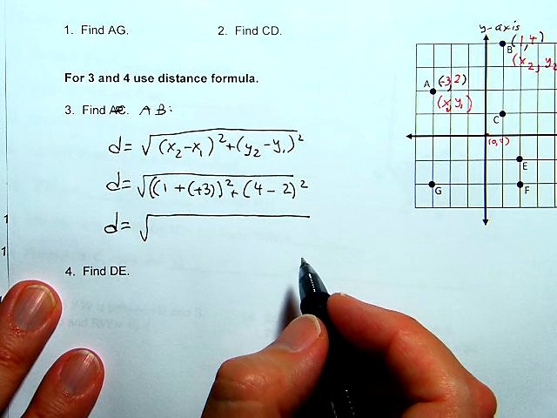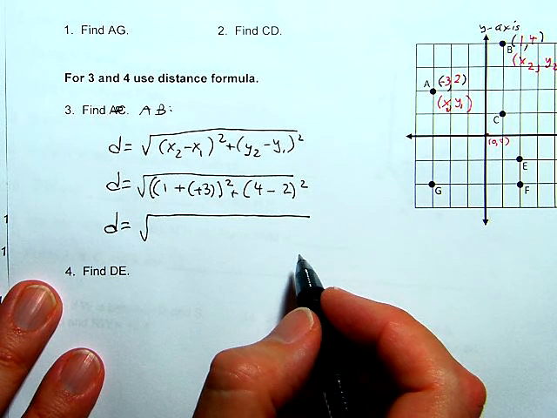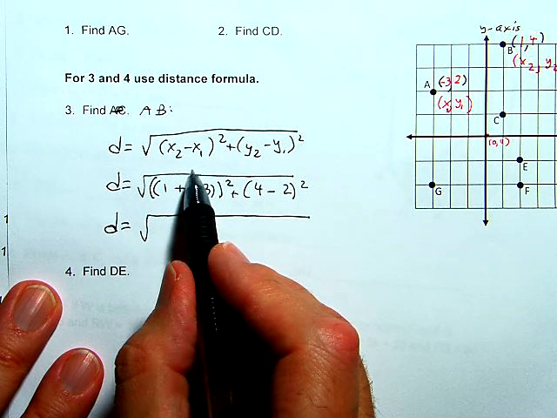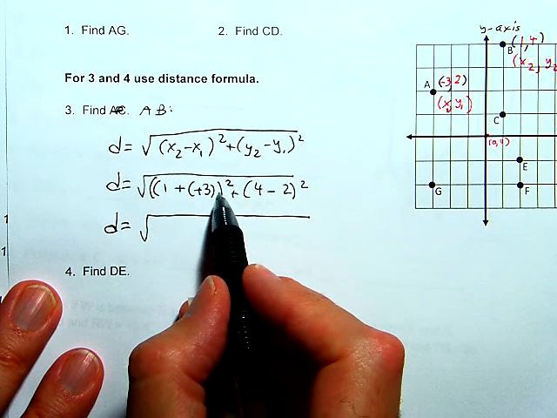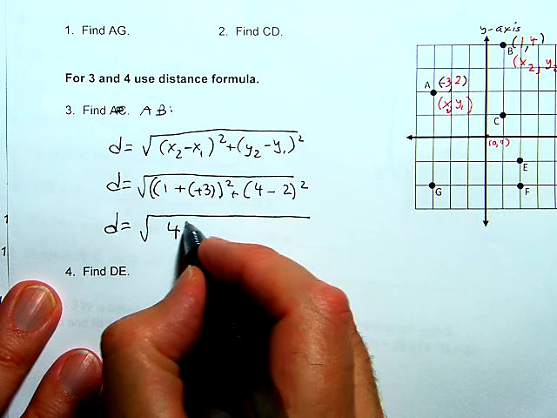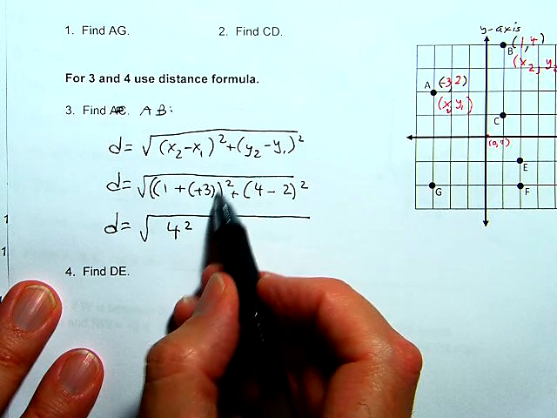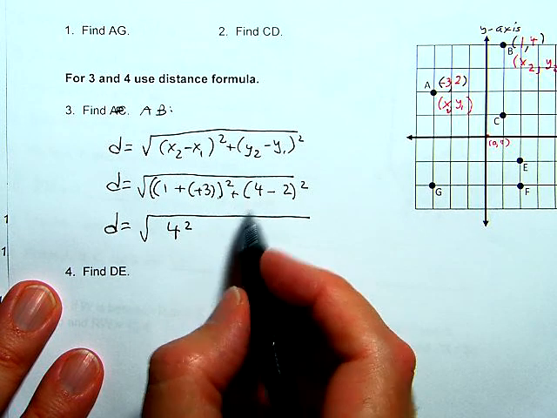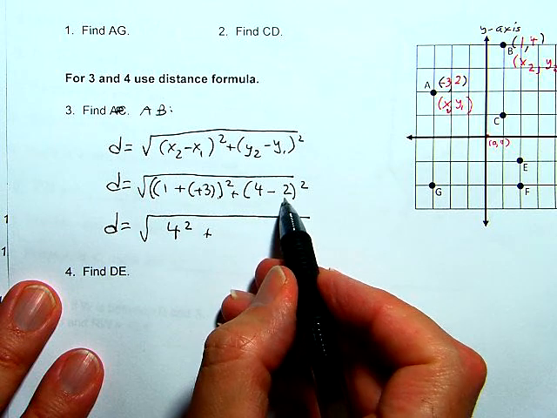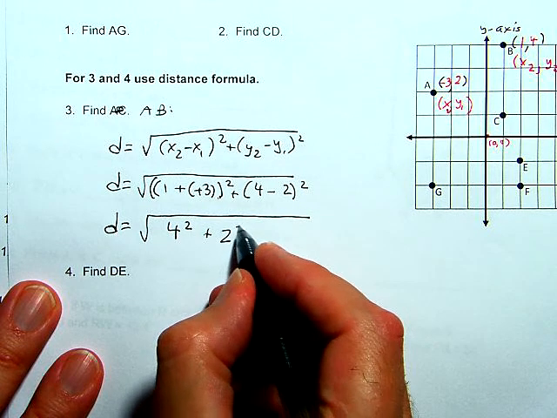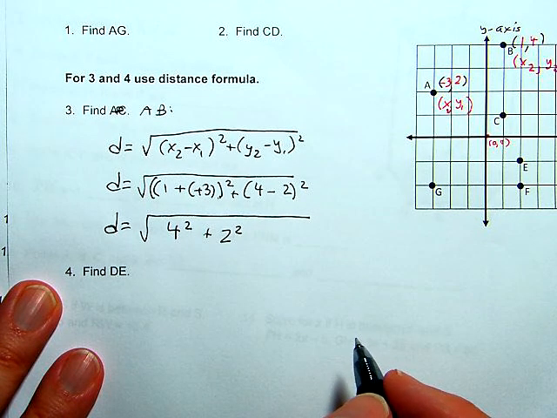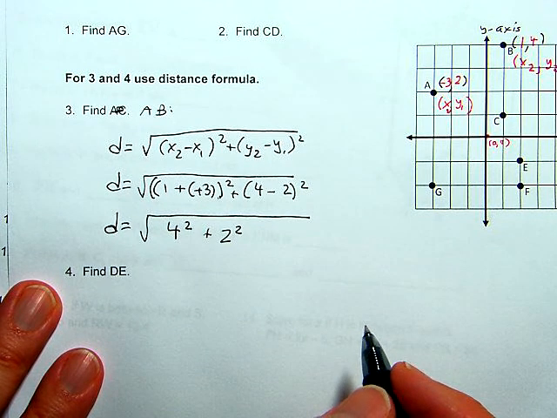We'll go over that in class if anyone is finding that something they don't remember. But we now have 1 plus 3, which is 4 squared, because that's what's inside the parentheses. We're still squaring it, plus what is 4 minus 2? That's 2 squared. So our distance is the square root of 4 squared plus 2 squared.